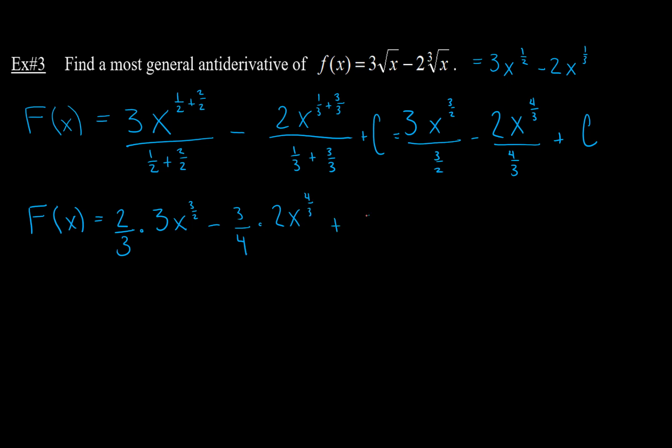I'm getting rid of the fraction in the denominator. And then I'm just going to simplify. So here my 3's happen to cancel. I'm left with 2 x to the 3/2. Here my 2 will cancel with a 2 in the 4. And that's going to give me minus 3/2, and then plus C.